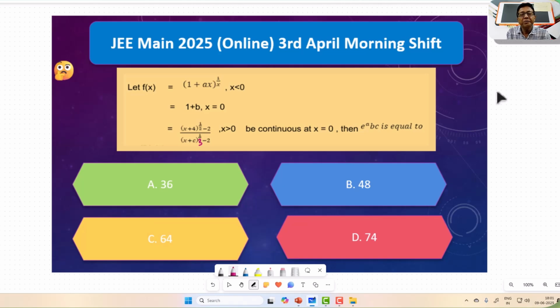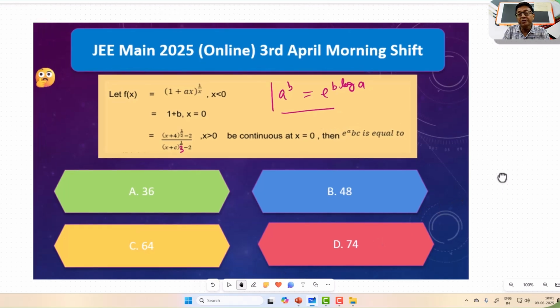Let me tell you, a to the power b, you know, is e to the power b log a. Frequently you use this thing in class 12, class 11 also you might have used. So for evaluation of this limit, we will go for this transformation of exponential into log.